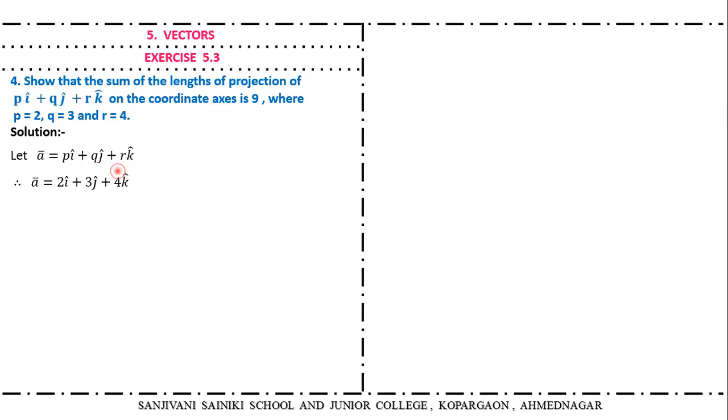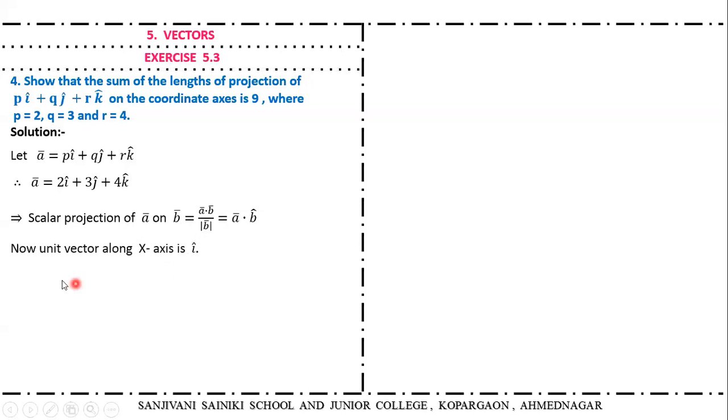The scalar projection of a bar on b bar is given by the formula a bar dot b bar upon modulus of b bar, which for a unit vector is just a bar dot b bar. So put the values now.